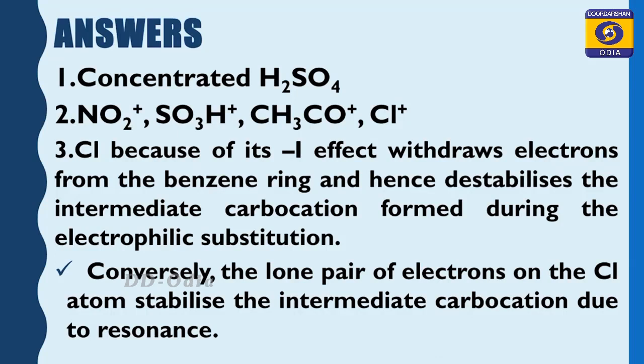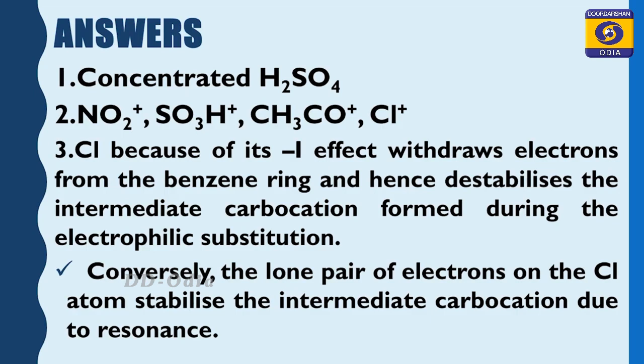The chlorine, because of its minus I effect, withdraws electrons from the benzene ring. So, thereby it destabilizes the intermediate carbocation formed during the electrophilic substitution reaction. On the other hand, we had seen through the resonating structures that the lone pair of electrons on the chlorine atom stabilizes the intermediate carbocation due to resonance.